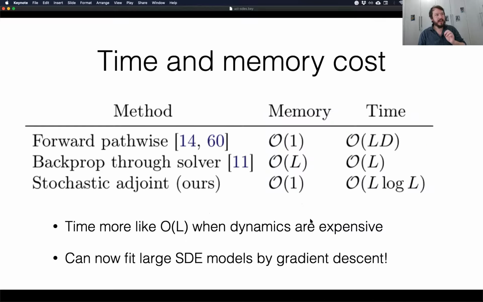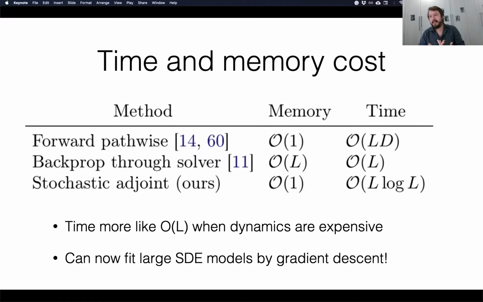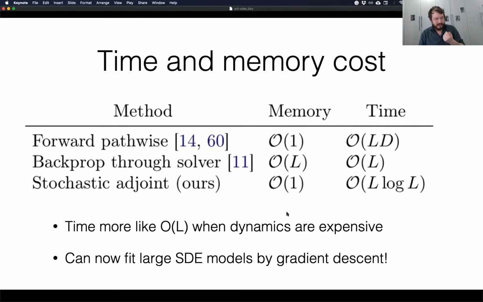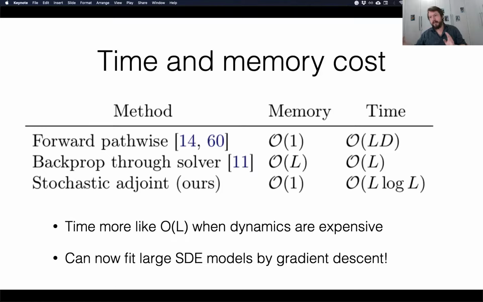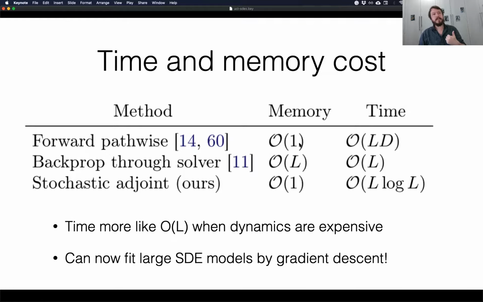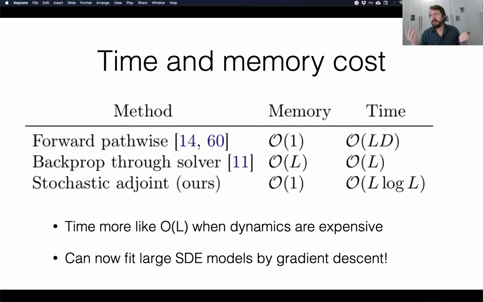Okay, so now we have, I would say, a tractable way to fit SDEs with gradients. To be specific, for instance, Chris Rackauckas and the Julia people are saying, look, just do forward mode differentiation. It's fine if you only have 100 parameters, and that's true. That also has constant memory costs, but your time cost is linear in the number of parameters you have, which I think is unacceptable if you want to have a neural network anywhere.